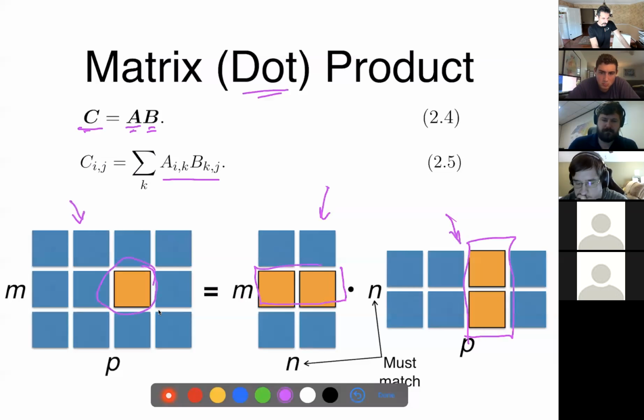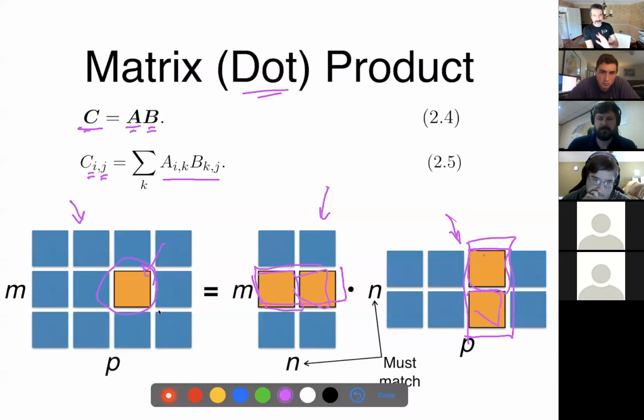So A_ik, you know that. You multiply this by that, and then this by that, in order to calculate C_ij within the output matrix that you want to calculate.